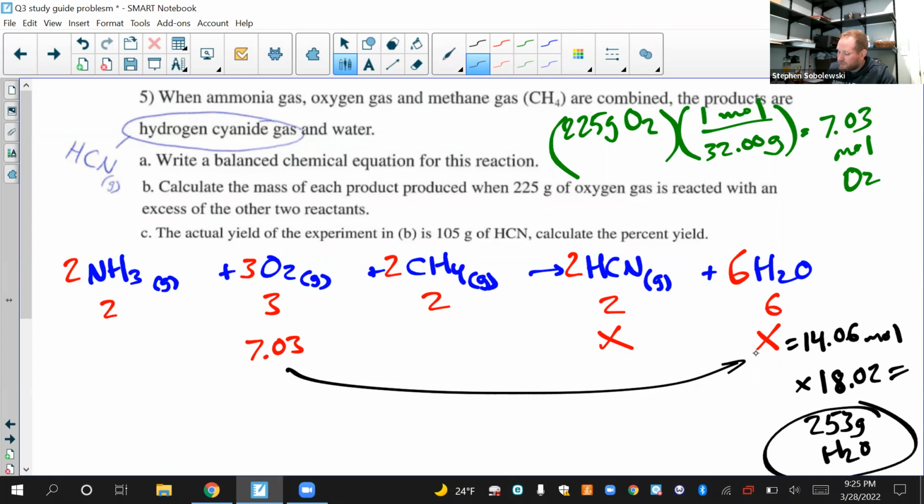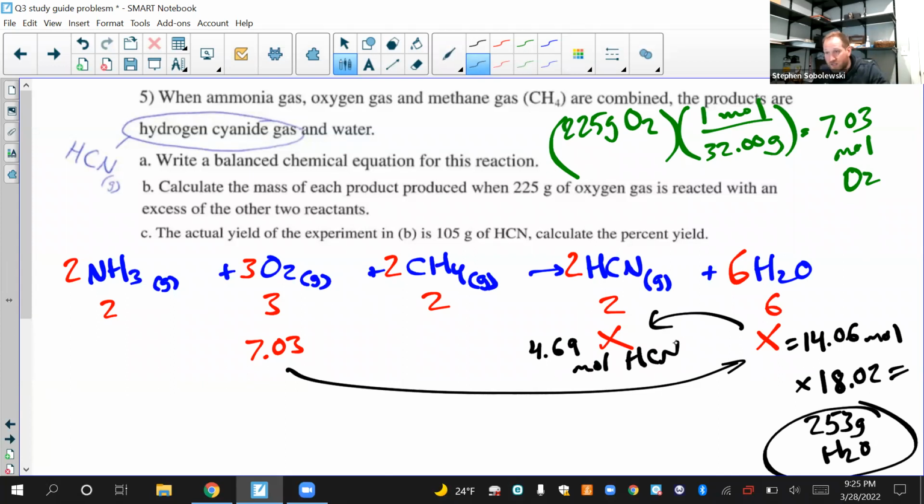Now that I have this, I can use that to easily solve for this one, because a 6-to-2 ratio just means it's going to be 3 times less. Not 3 times less mass, but 3 times fewer moles. So 6-to-2, I have 14.06 moles. I'm going to divide that by 3 to give us 4.69 moles of HCN.